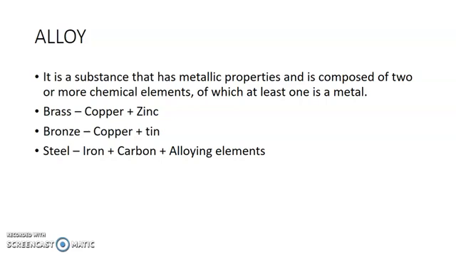Along with that we can add different kinds of alloying elements to enhance the property of the steel. Some of the alloying elements are chromium, nickel, manganese, molybdenum, silicon, tungsten, vanadium, etc. These are some of the alloying elements which are added to the steel.